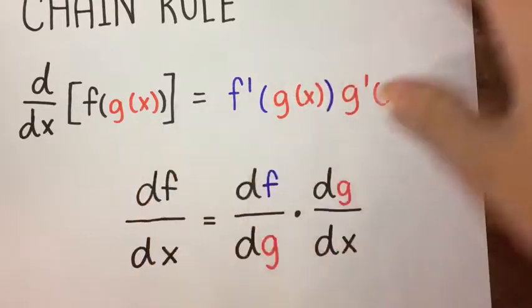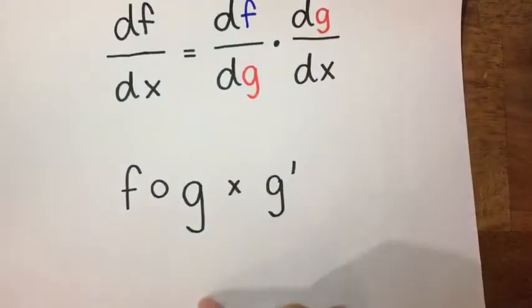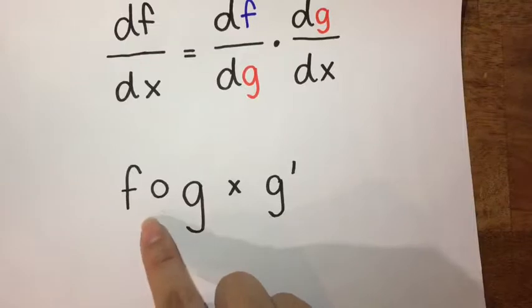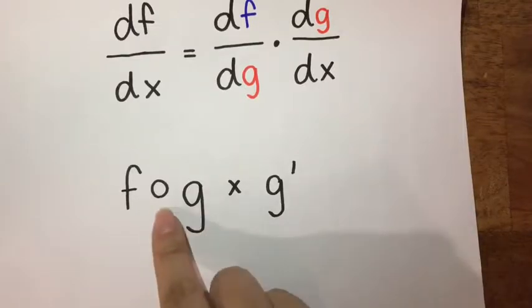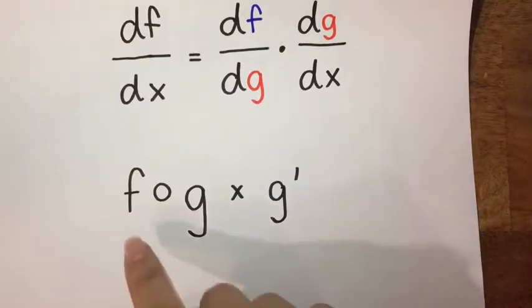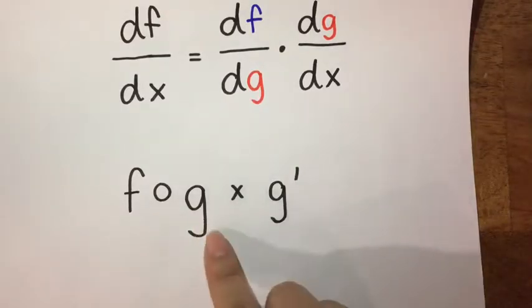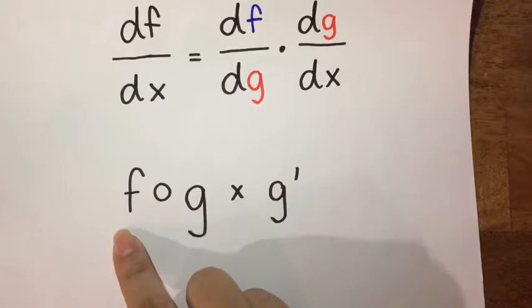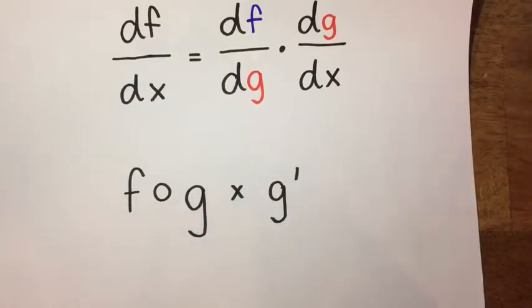So f o g, I'll call this an O, will give you the g function inside of the f function. This can be called the composition of functions.